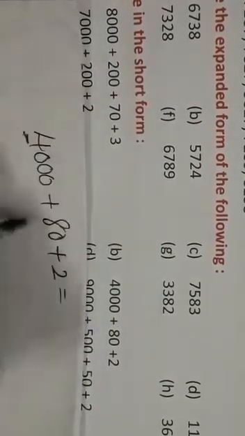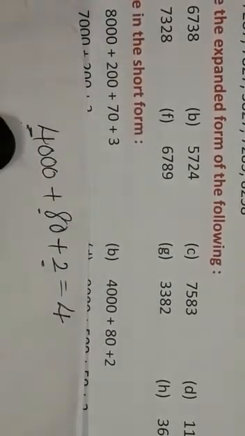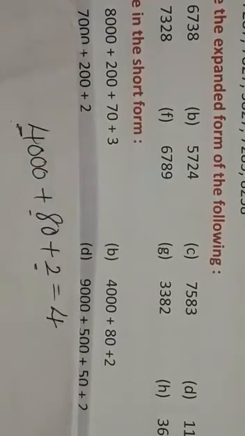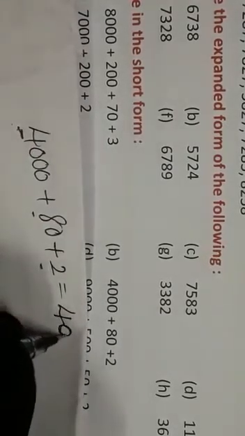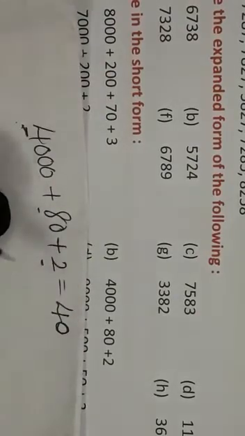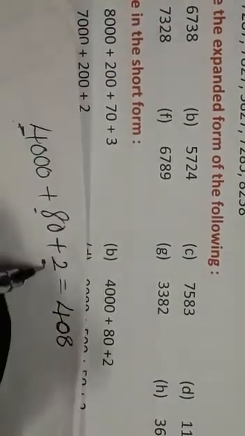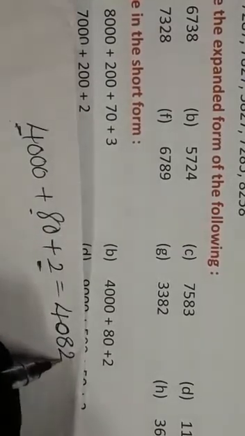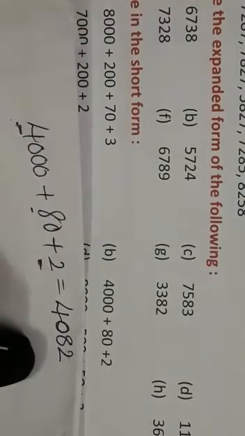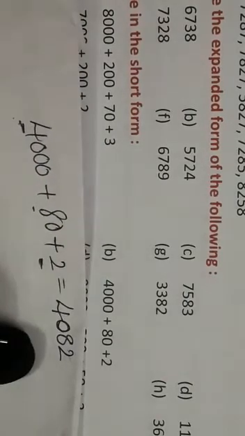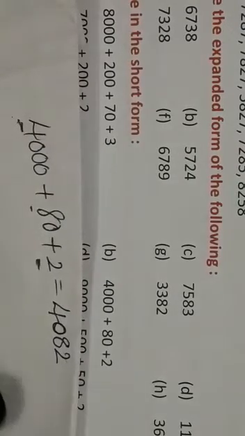The digits are 4082. 4 at thousands position, and there is no number at 100 position, so we put 0 at 100 position, and the given number 80 is at 10's position, and the 2 at 1's position. This is called a short form. When we use only digits to write a number, this is called a short form.